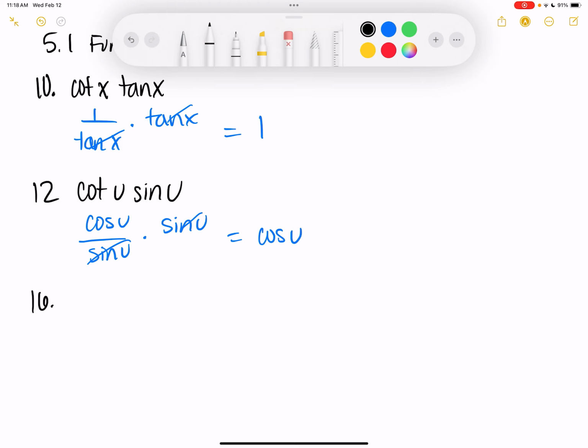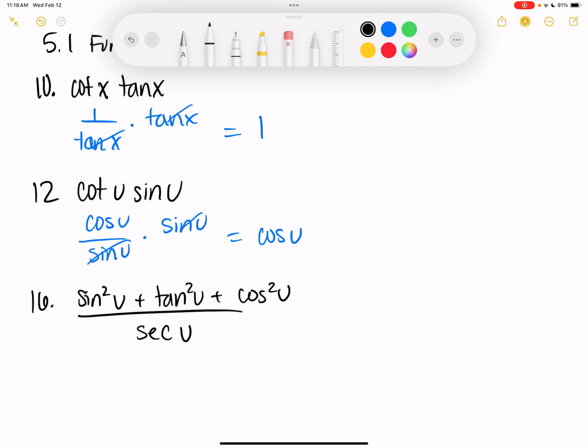16, sine squared of u plus tangent squared of u plus cosine squared of u over secant of u. So whenever I see stuff squared, what identity should I think of? Yep, the Pythagorean identities.